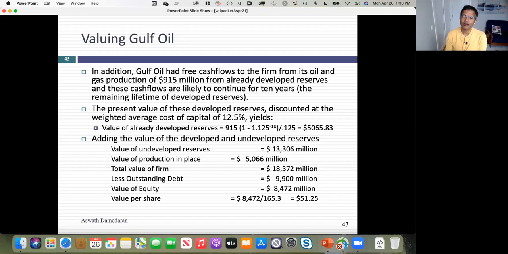You take a company like Petrobras, about 40% of its value comes from developed reserves, 60% comes from undeveloped reserves. Petrobras has more optionality than ExxonMobil does. Doesn't make it a better company or a worse company, but there is that optionality, which means that when you do a DCF, you've got to be careful with these companies, because just taking the DCF value, you're probably undervaluing the company.